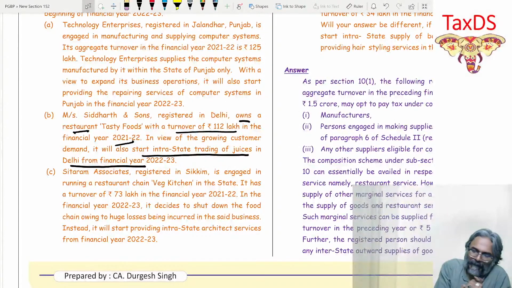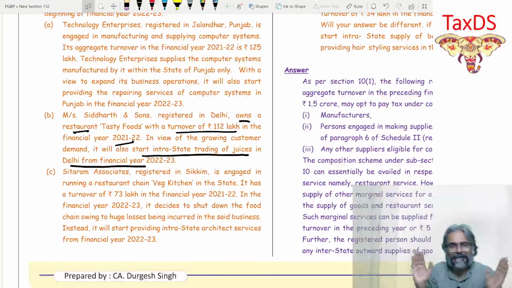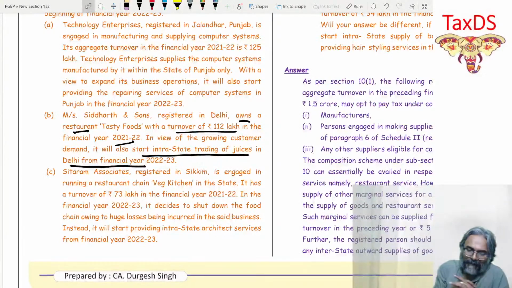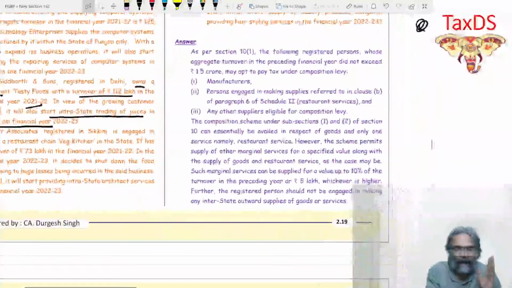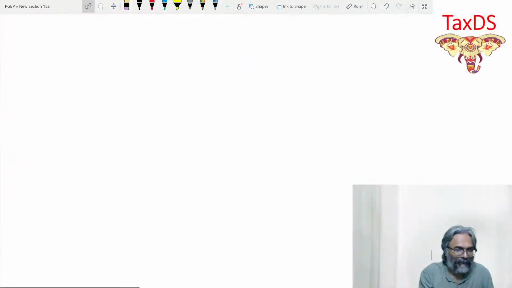In the financial year 22-23, it decides to shut down the food chain owing to huge losses being incurred in the said business. Instead, it will start providing intrastate architect service from financial year 22-23. Beautiful question. You all realize the beauty of this question.